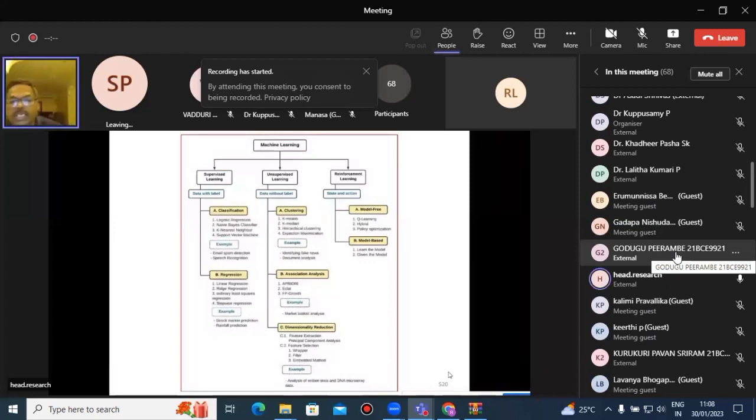Then association rule mining: a priori algorithm, FP growth, Eclat, for example market basket analysis. Dimensionality reduction like feature extraction, principal component analysis, feature selection, wrapper, filter, embedded methods. An example is analysis of written text and DNA microarray data. And reinforcement learning: state and action, model-free Q-learning, policy optimization.